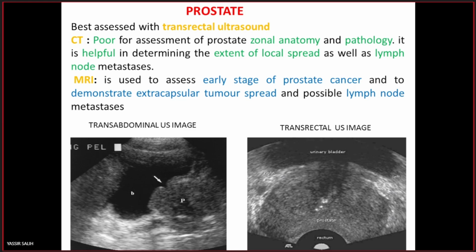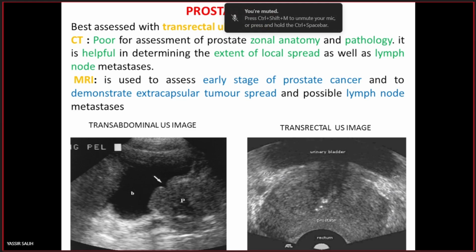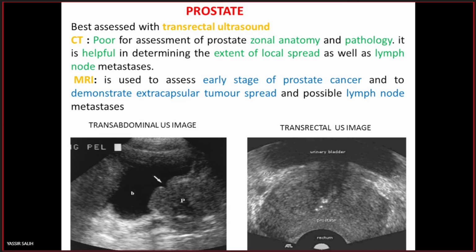But CT can be helpful in assessment of the local extension of malignancy, CA prostate, and can also demonstrate lymphadenopathy and local invasion by CA prostate. For the lesion itself, CT is very poor for assessment of this area.